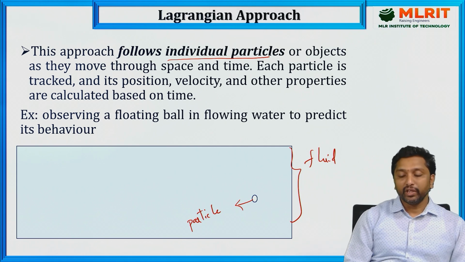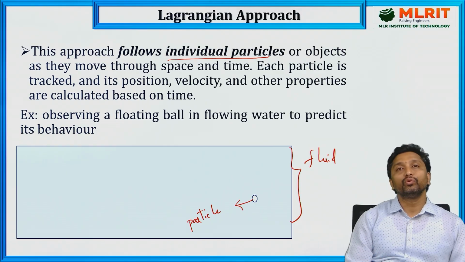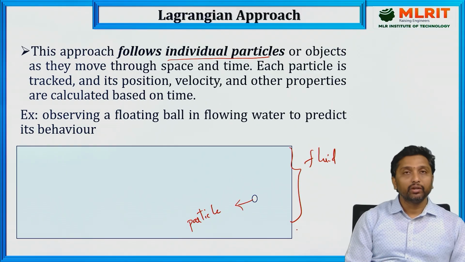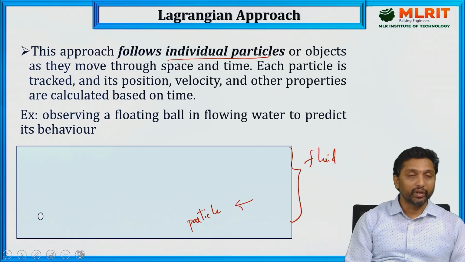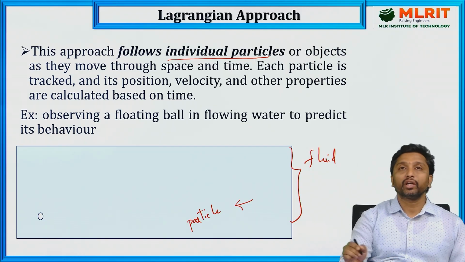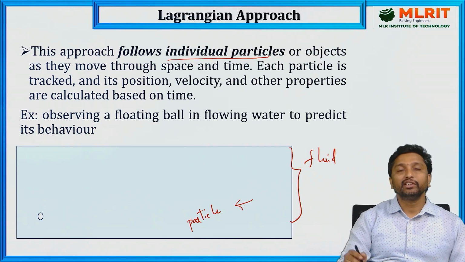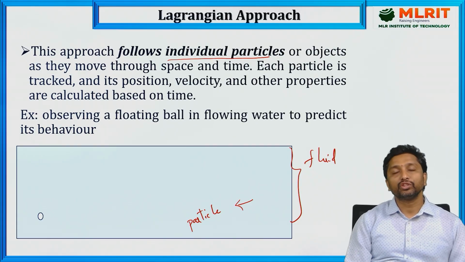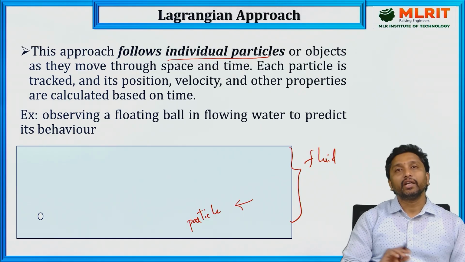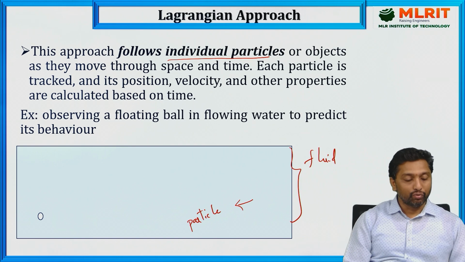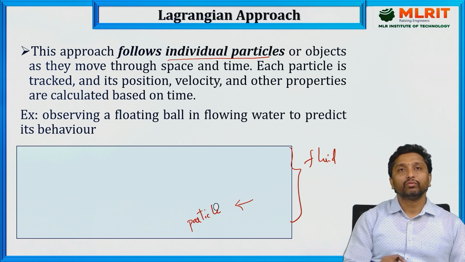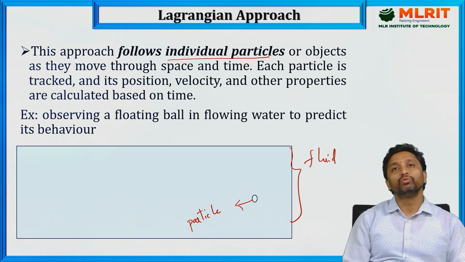The behavior of the complete flowing fluid will now be predicted based upon the particle movement. That means if the particle is following a particular path, based upon the nature of that path, we will be predicting the velocity of the fluid and the net direction of the fluid. For example, if the particle is moving in wavy form, we will consider the fluid to move in wave form.